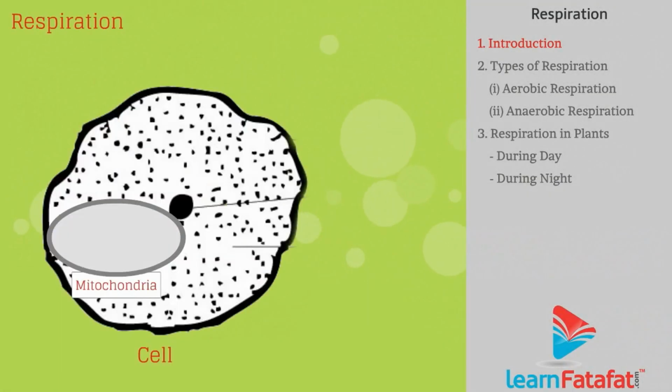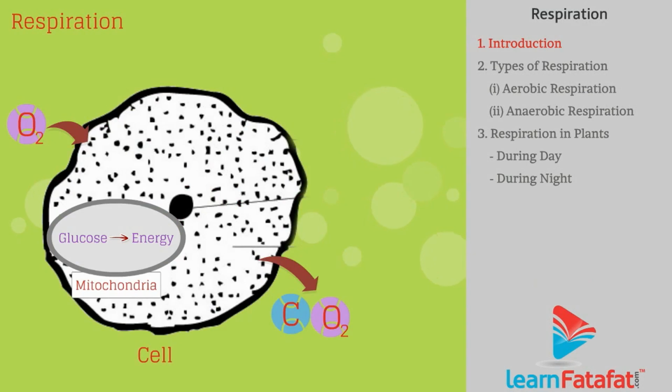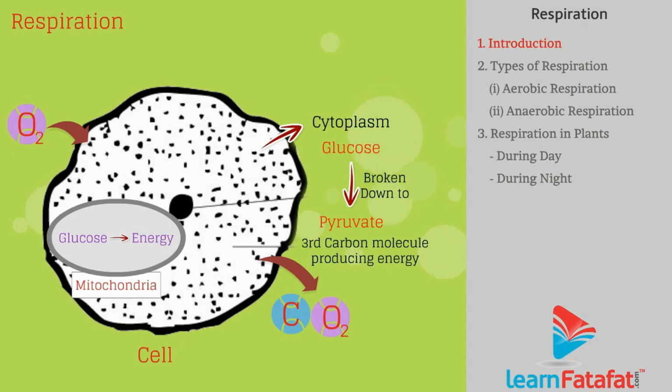Respiration. Respiration is a life process that supplies oxygen for producing energy from glucose. In the cytoplasm of a cell, glucose is broken down to form pyruvate, which is a 3-carbon molecule, producing energy.